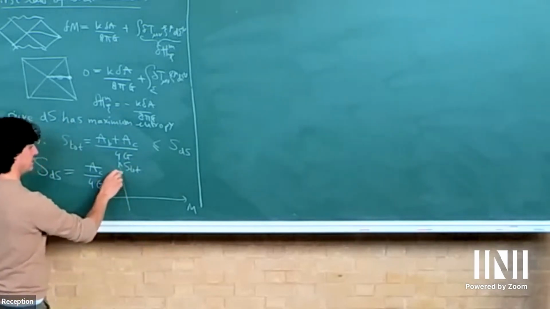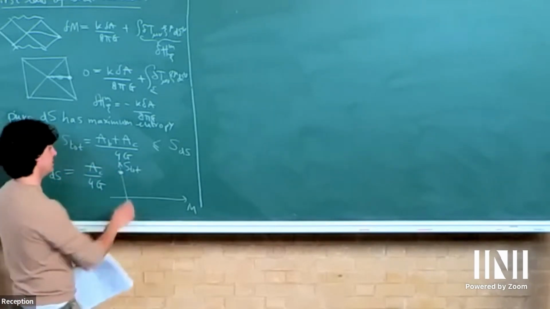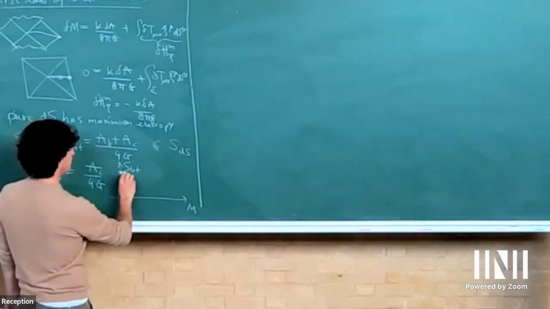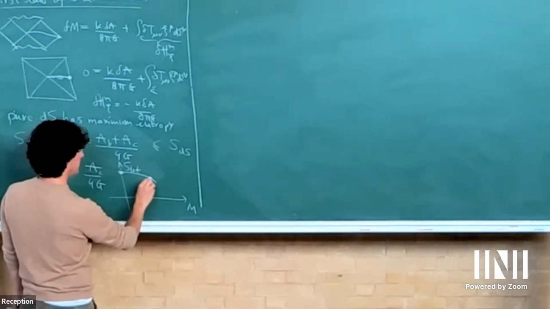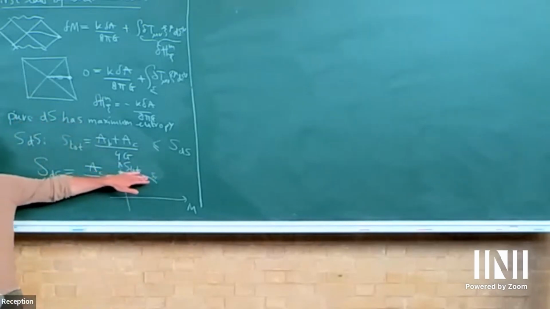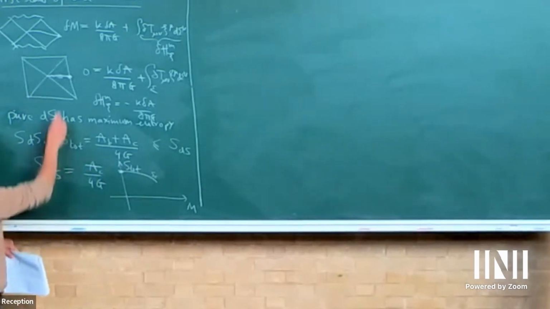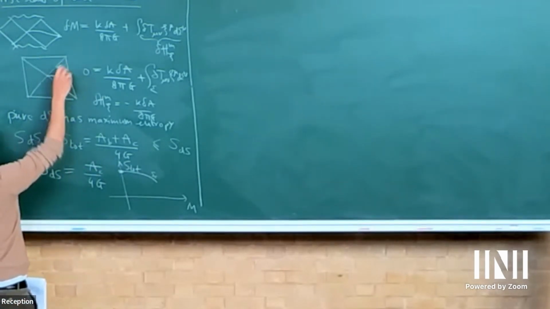So this point is pure de Sitter, so for zero mass. Then if I increase the mass, I get something like this for the cosmological horizon area. So that decreases. So I put a black hole here.